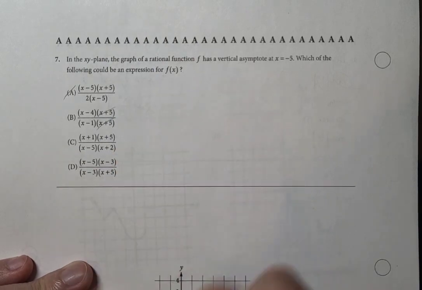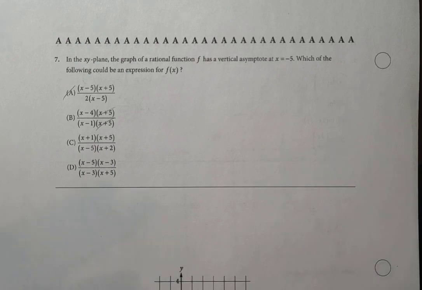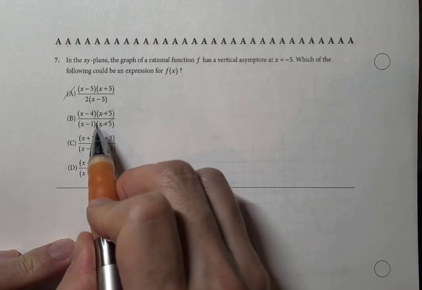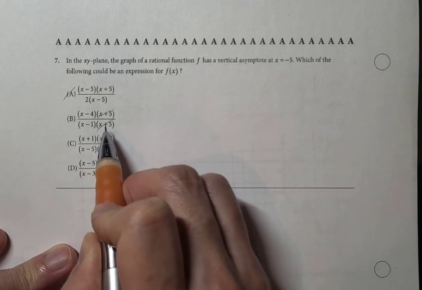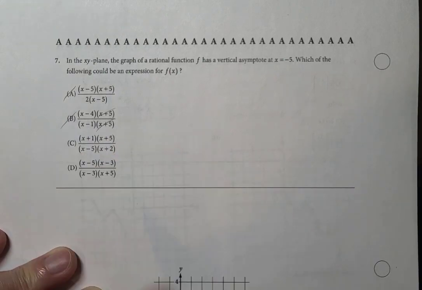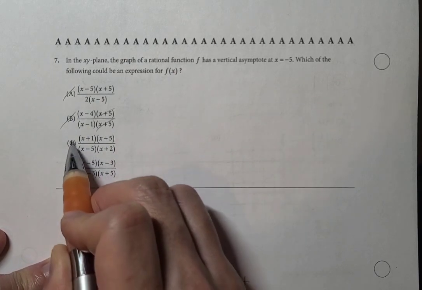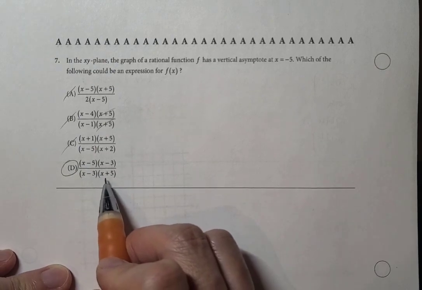I'm not sure how you call it in AP Precalc. Maybe you call it a hole, not a removable discontinuity, that's more of a calculus term when we talk about continuity. But anyway, this is a hole there, so it's not an asymptote. Cross that out. Over here, once again, the asymptote is at +5. Over here, it looks correct. The asymptote is at x is -5 here.